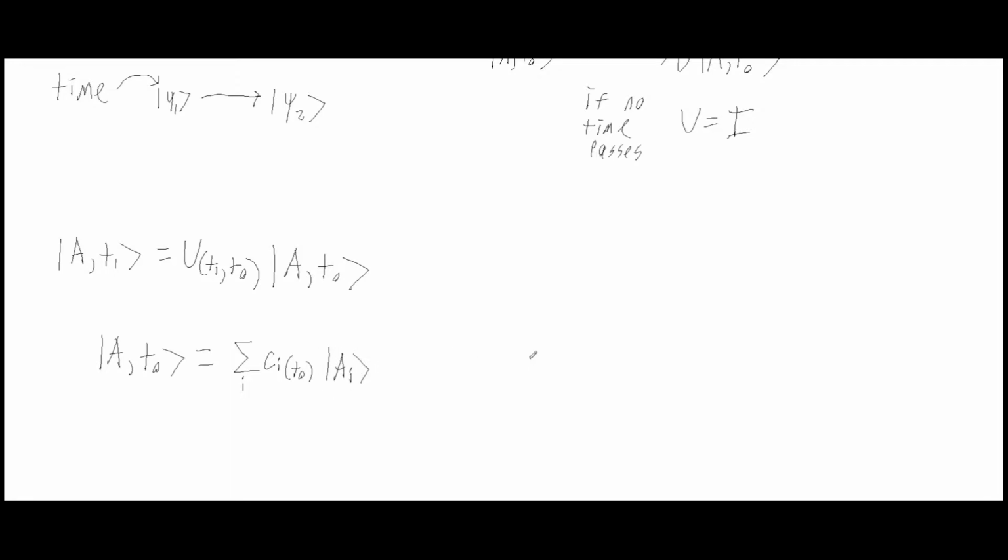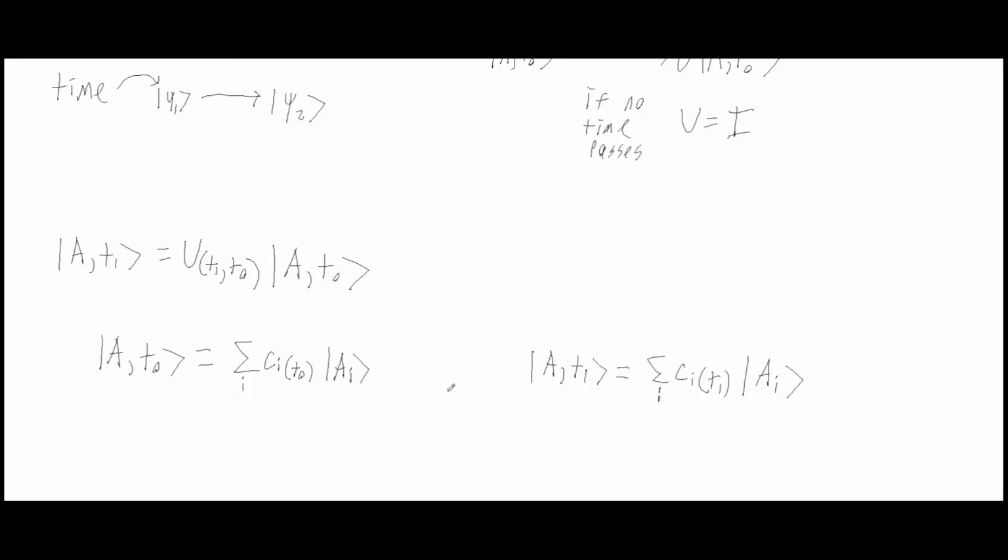And so we can also say that A at time t1 is a linear combination, the sum over i of Ci, now at t1 rather than at t naught, acting on our basis states Ai.